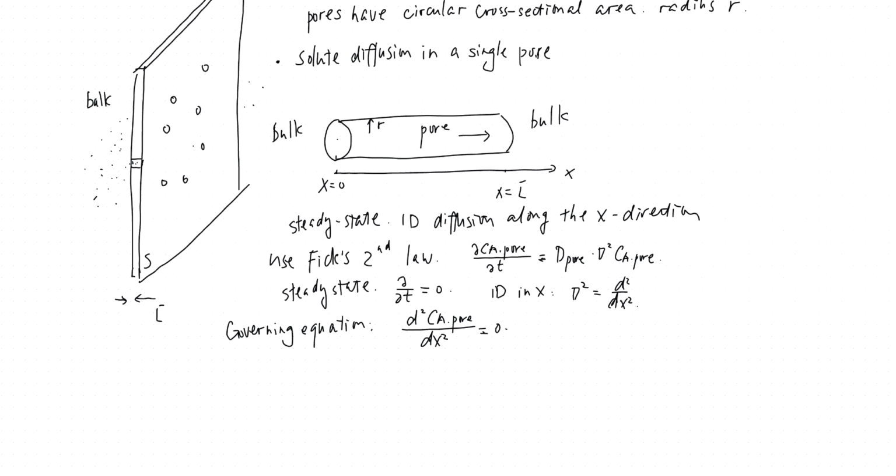If the second derivative of a variable is 0, it means this quantity is linear in x.